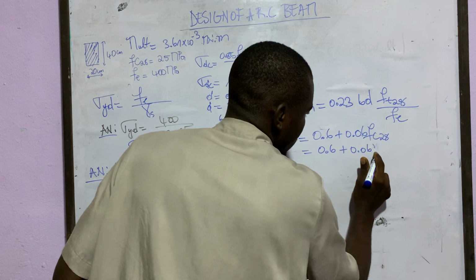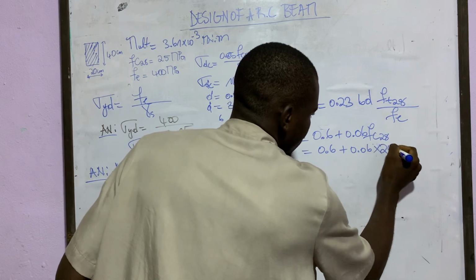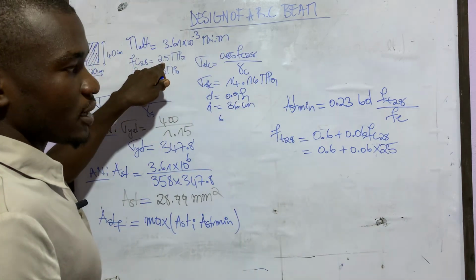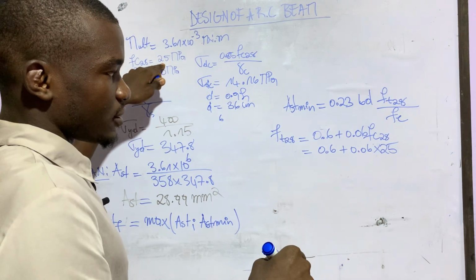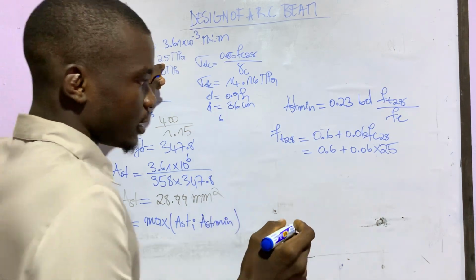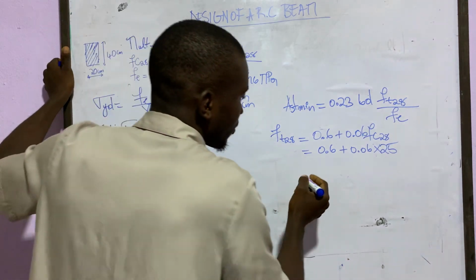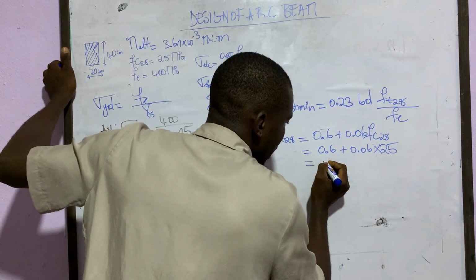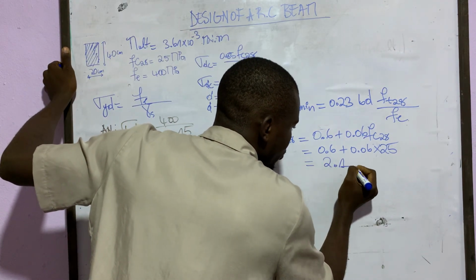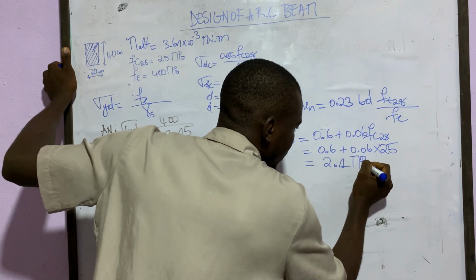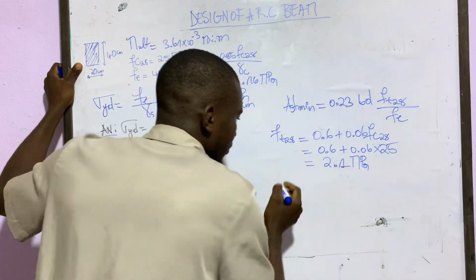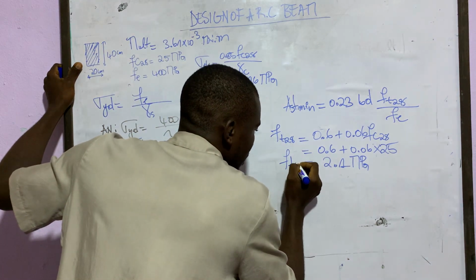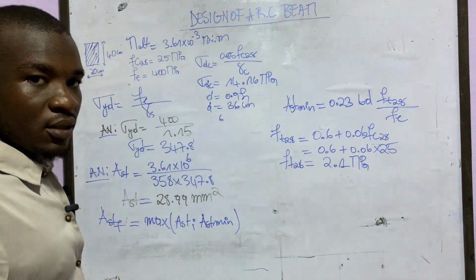Times 25 megapascal, the characteristic strain of our concrete after 28 days, to have also the characteristic strain of our concrete in tension, because here it was in compression. Numerically we obtain 2.1 megapascal. You can verify it with your calculator. So now we have our FT28.